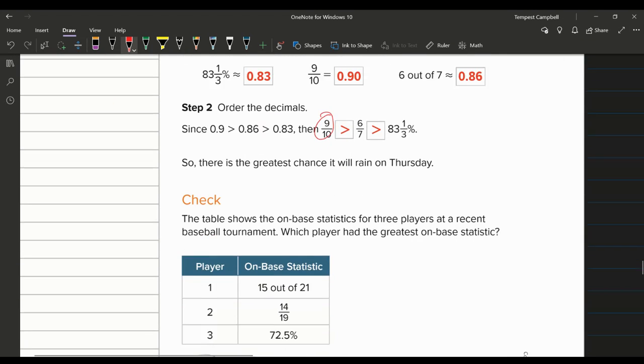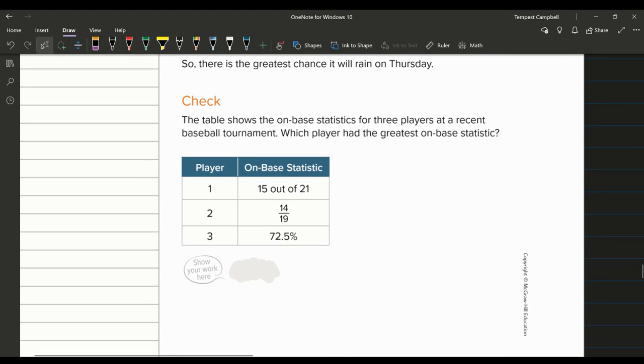Go ahead and try the check. The table shows the on-base statistics for 3 players at a recent baseball tournament. Which player had the greatest on-base statistic? So we have 15 out of 21, 14 out of 19, and 72.5%. So let's see what these equal. If we plug them into our calculator, what do we get? For this one, we're going to move our decimal over twice.